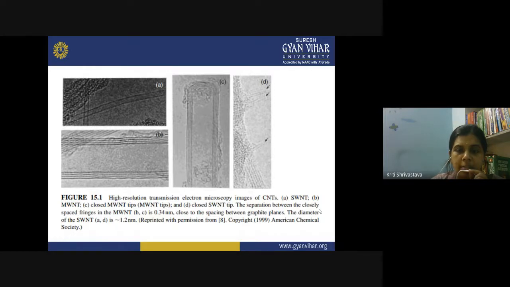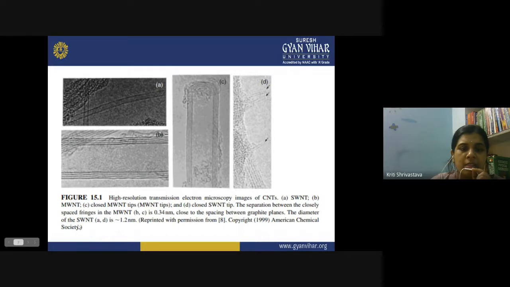The separation between the closely spaced fringes in the multi-walled nanotube is 0.34 nanometer in both B and C. If you look at any two of the single-walled nanotubes, the distance is 0.34 nanometer, close to the spacing between graphite planes.